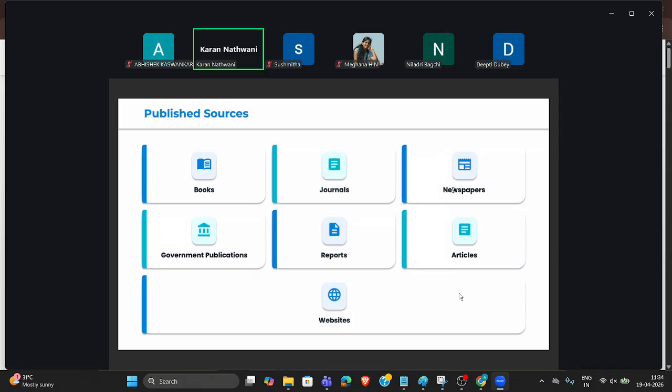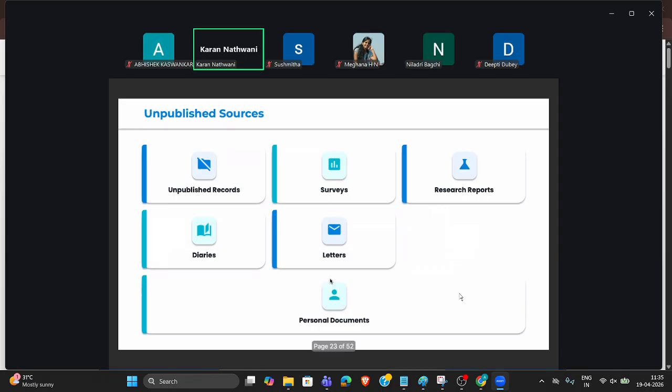Okay. So then comes the newspaper, which is also one source where you can get a lot of information, like general affairs and day-to-day life affairs. And government publications are already there, reports, articles, websites. Let's talk about the unpublished sources, where authenticity may be a little less than in published sources.